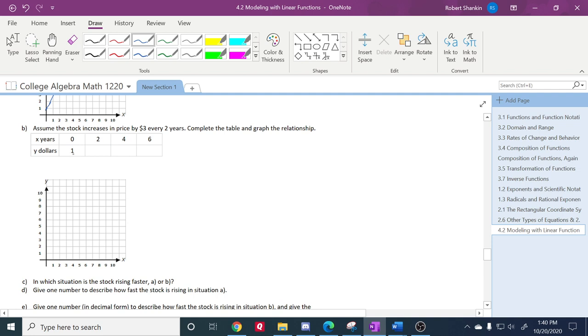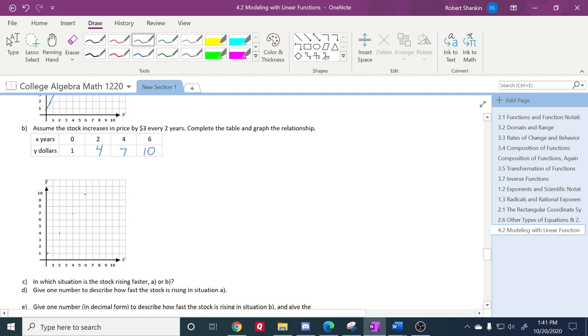So in 2 years, it goes up $3, so it'll go up to 4. Another 2 years goes by, it goes up to 7. Another 2 years goes by, it goes up to 10. 0, 1, 2, 4, 4, 7, 6, 10.